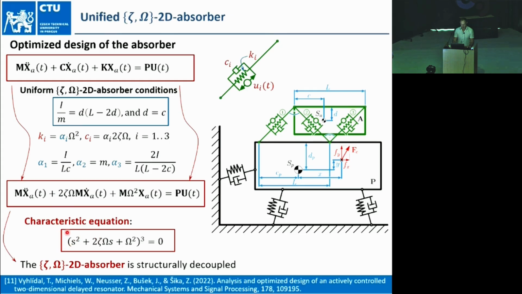This is a characteristic function. You really see that it's decoupled, and we call this absorber the zeta omega unified absorber.